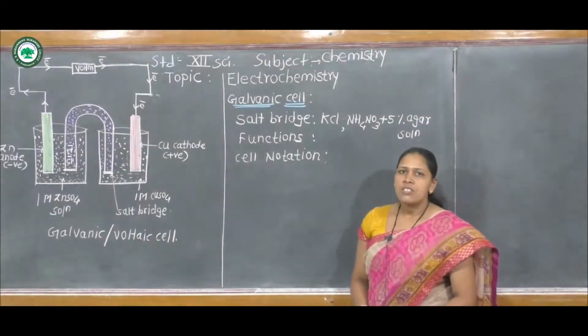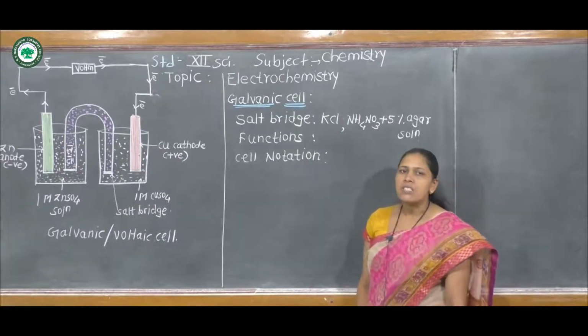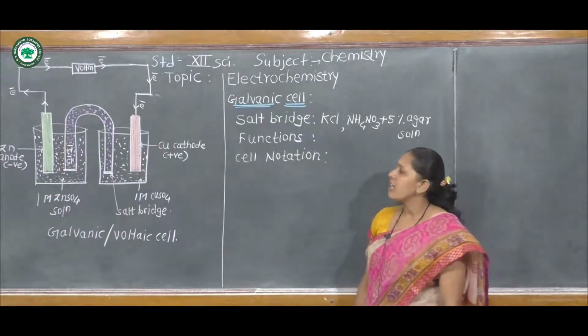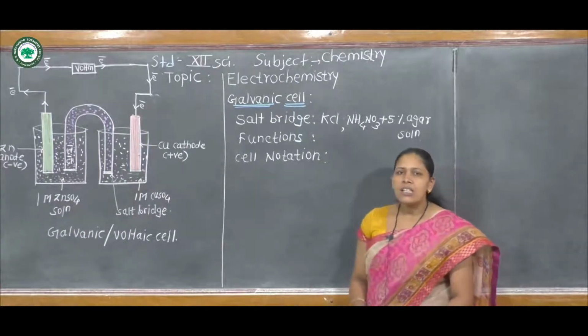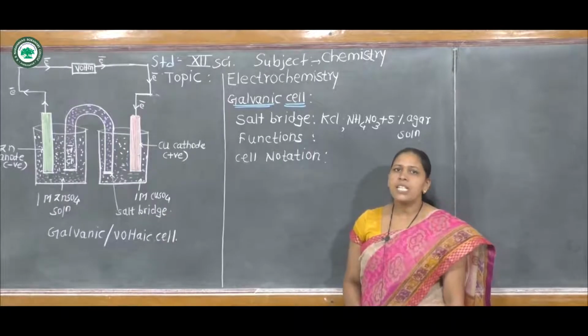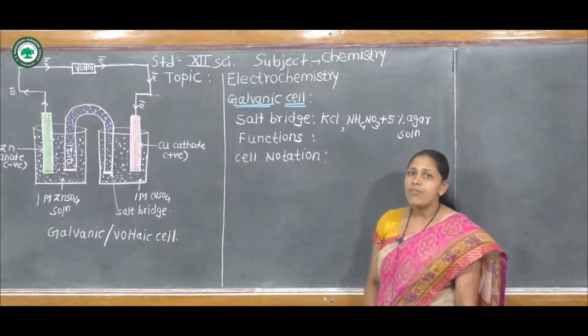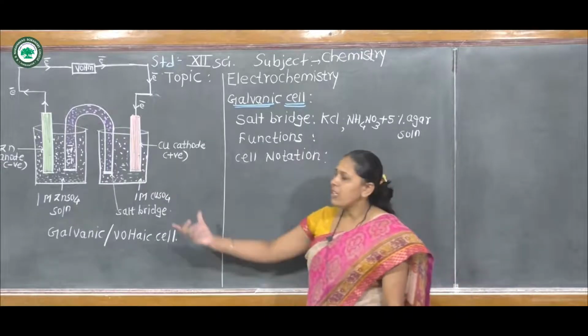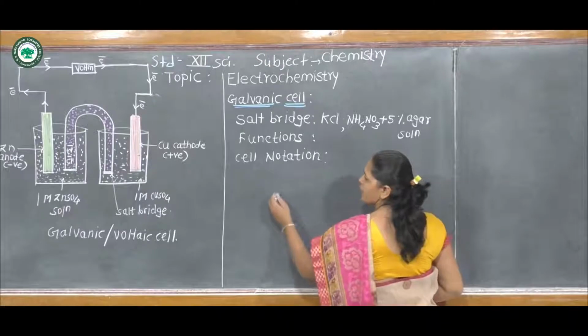Cell notations have some rules. There are IUPAC conventions for writing cell notation. First, inert electrodes or metal electrodes are placed at the end of the cell formula. For example, from this diagram, I write here the cell notation.